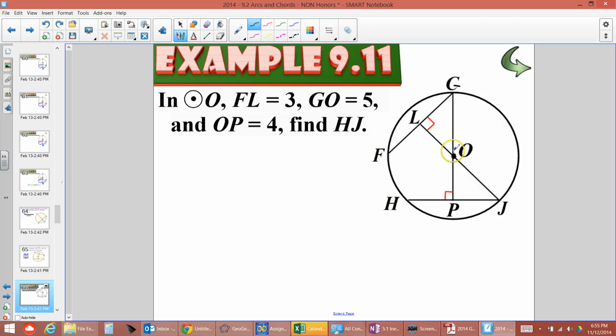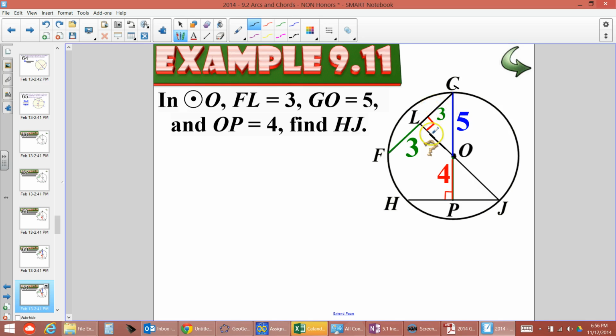Right here. Okay, so right here I see that I have FL is 3. Well, that means that that one's 4. It's giving me OP is 4. GO is 5. Now this one's going to be 3. Remember how we talked about if a chord is perpendicular, then it bisects it? That means that these both are going to be 3.